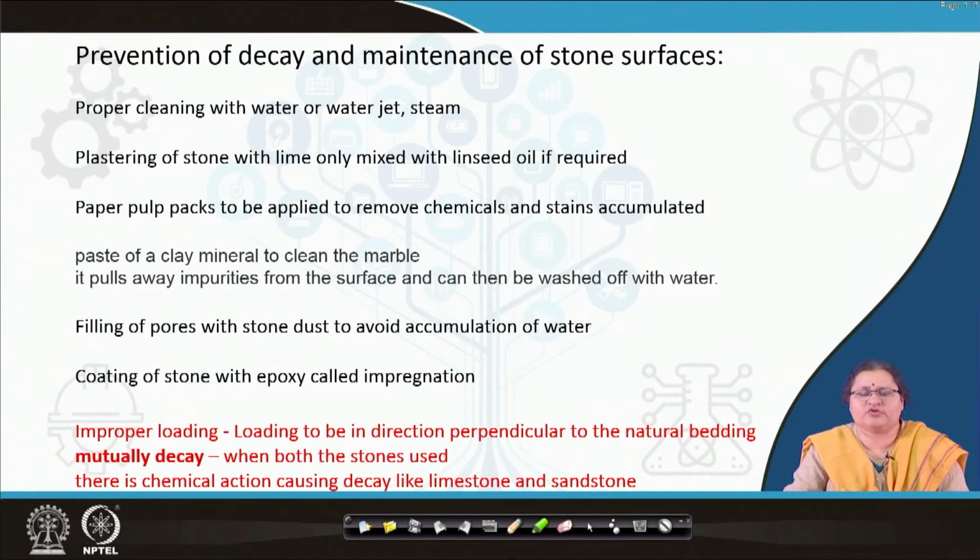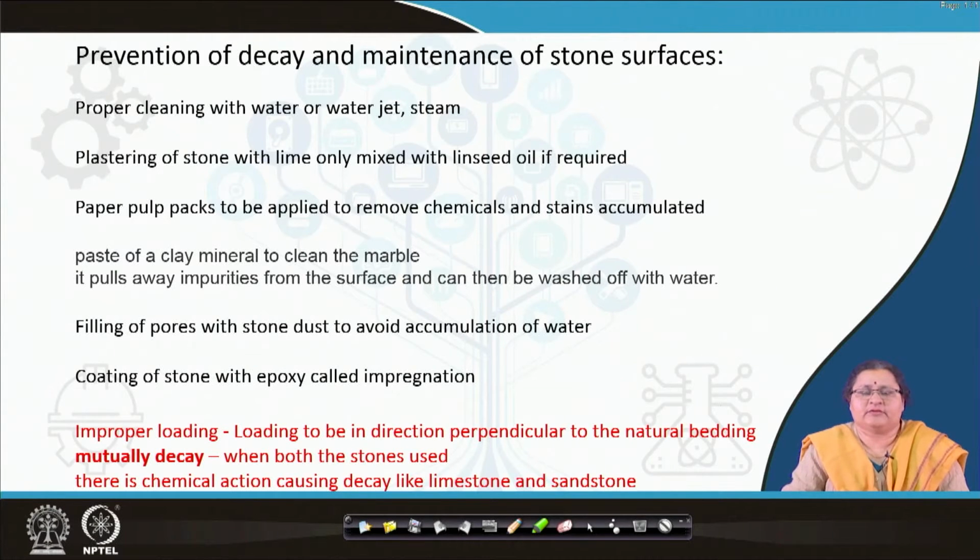So plastering of stone is not much advisable. However, if it is done, it should be done only with lime and not with cement, because the chemical action starts with the minerals in the stone. So that is why it is best to leave it open.